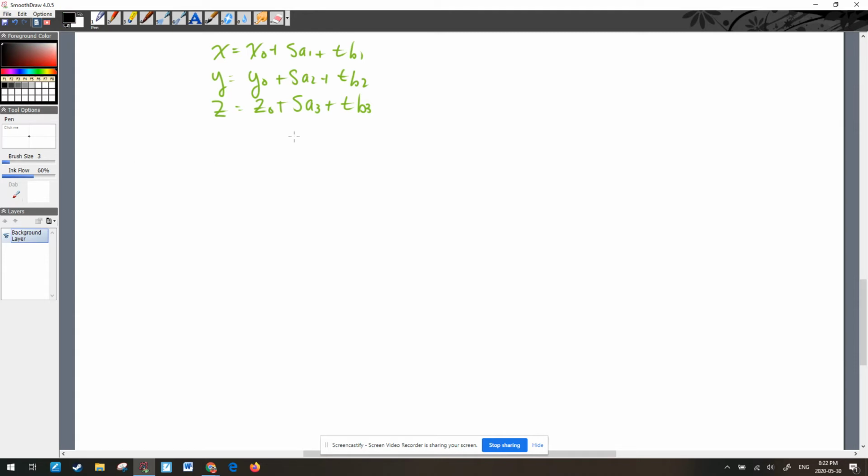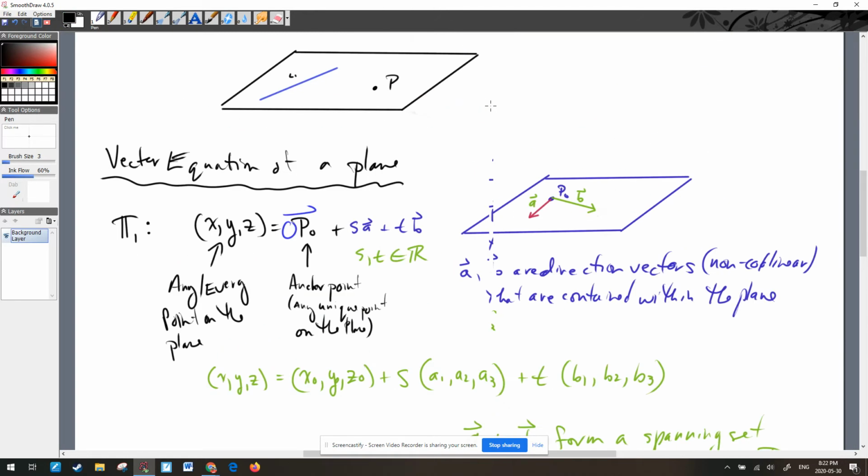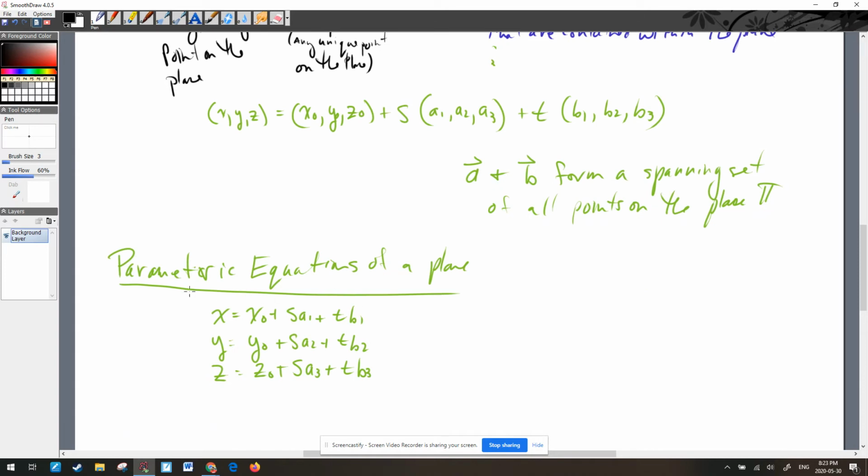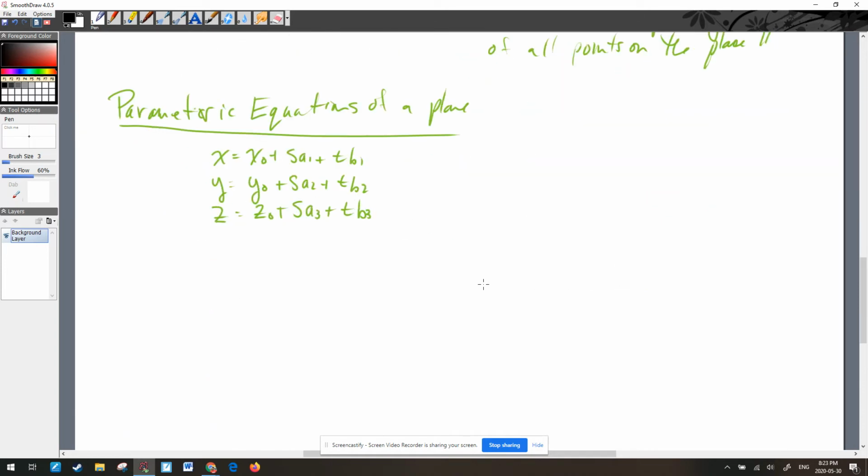Now, if we did lines, we had a vector equation of a line, and then we had a parametric equation of a line, and then we had a symmetric equation of a line. So let's, and don't write this down, let's go in red because it's cautionary. Symmetric equation, let's think about that one for a second.